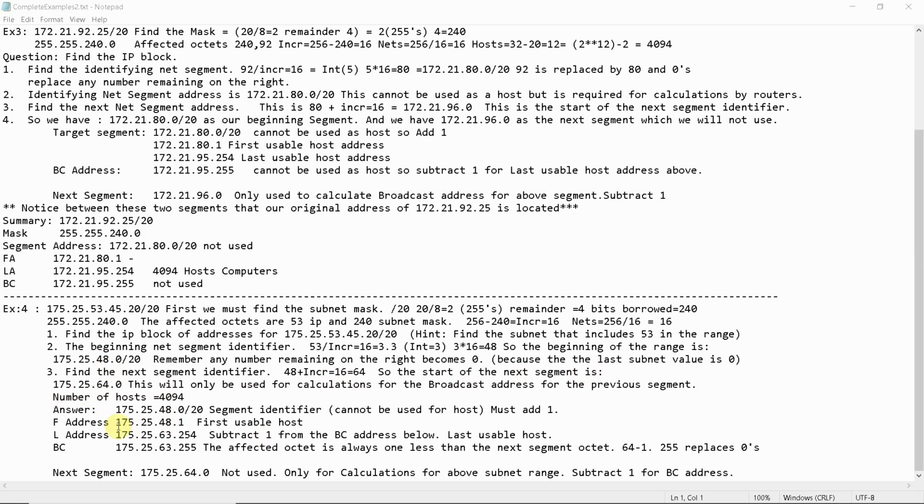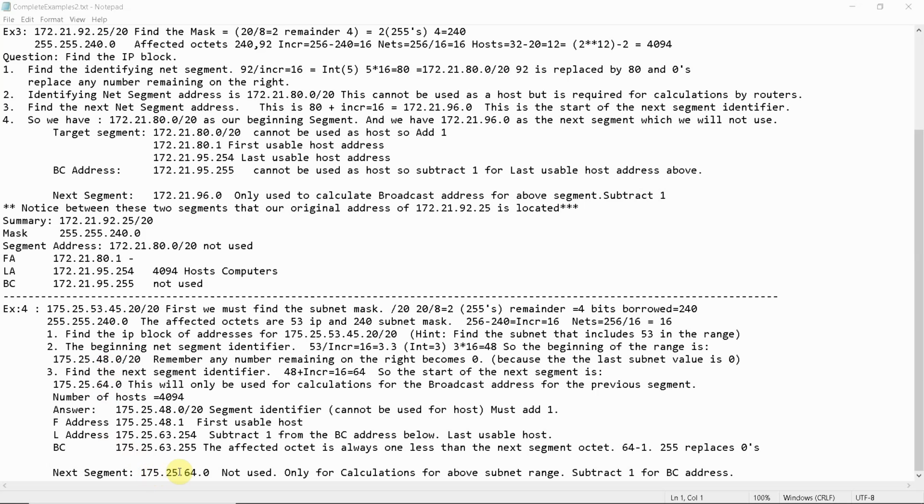We know our number of hosts. So our first range, 175.25.48.0, our segment identifier, identifies the beginning of our first range. And the next range, which we're not interested in, but we need to calculate for the broadcast address and last address, is 175.25.64, which is 48 plus your increment of 16.